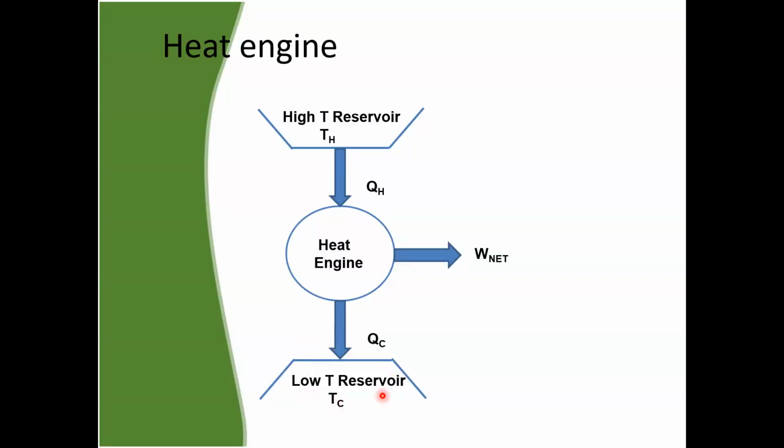What can be the low temperature reservoir? It can be the surroundings, such as the lakes and streams. What can be the high temperature reservoir? So these are the boilers. Okay.